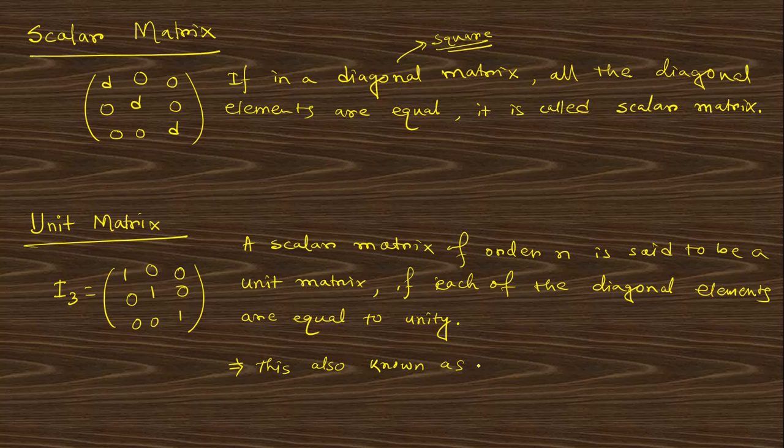This is also known as identity or unit matrix. So the unit matrix is a special case or subset of the scalar matrix whose diagonal elements are the unit 1.